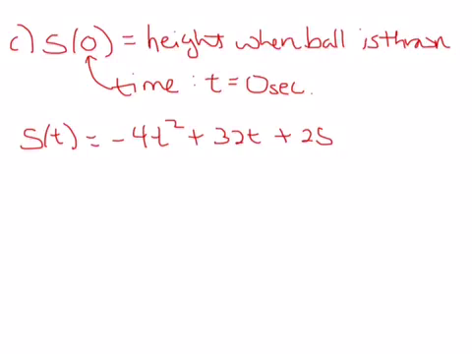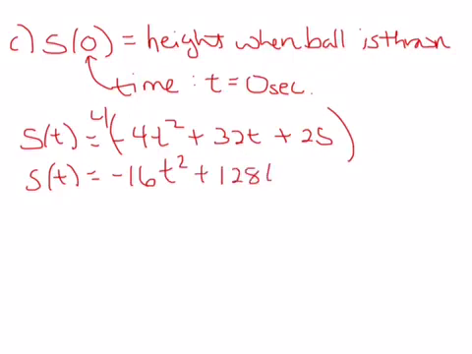Since we divided this one by 4 at the beginning, though, we're going to need to go back and multiply everything by 4 to get the correct height. So this was S of t equals negative 16t squared plus 128t plus 100.